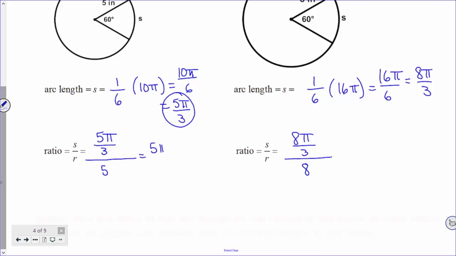So this is going to be the same as 5 pi divided by 3 times 1/5. In which case we can do the age-old cross cancellation, and we get a final answer of pi divided by 3. Same thing here. We could have 8 pi divided by 3 times 1/8, and we get pi divided by 3.